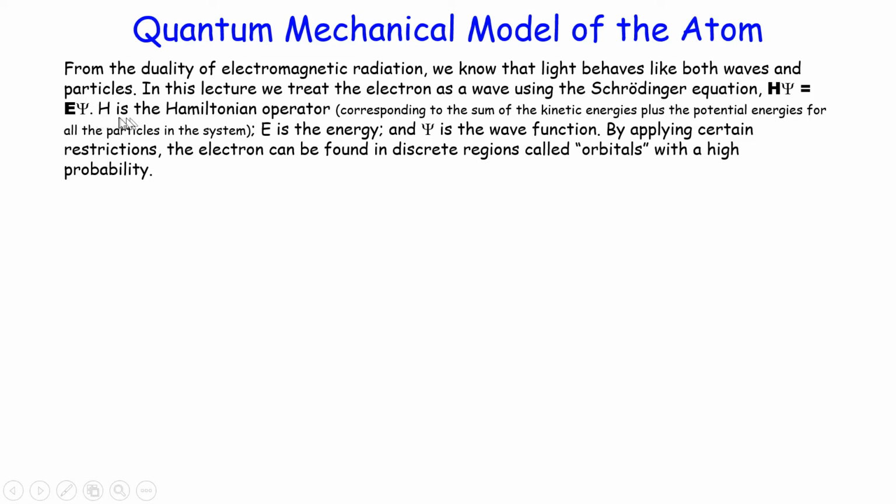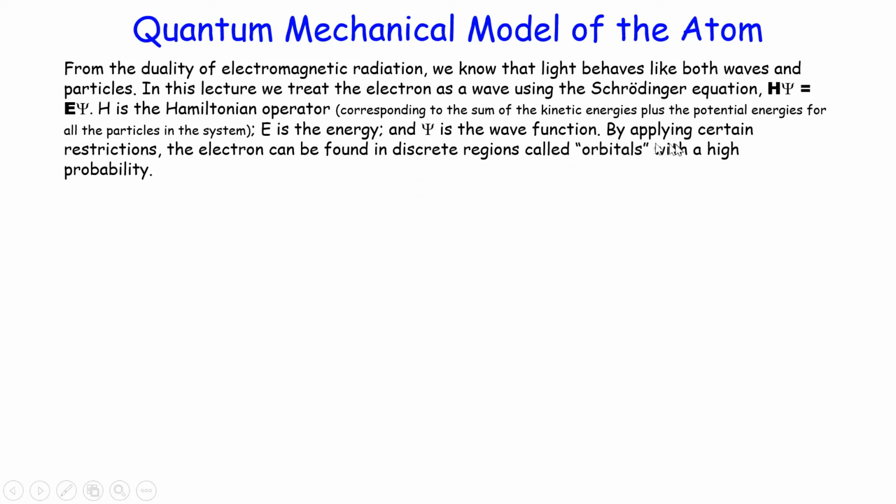H here is the so-called Hamiltonian operator, so you can learn more about that if you are interested in that. And E is simply the energy, and ψ here is the wave function.